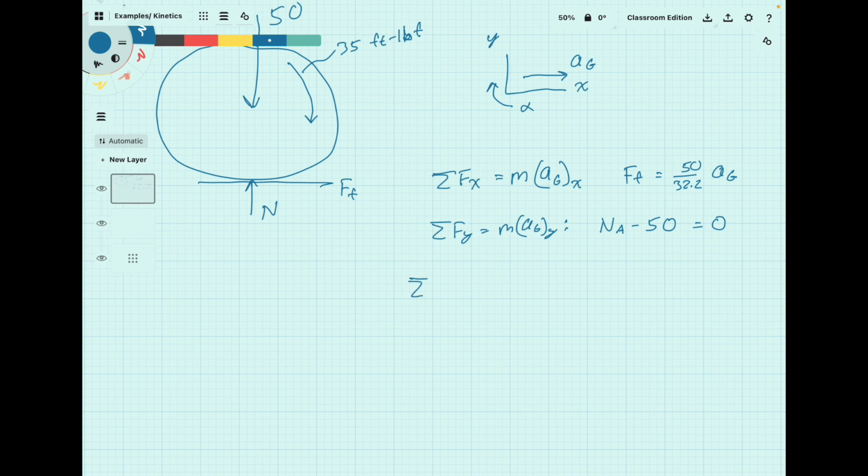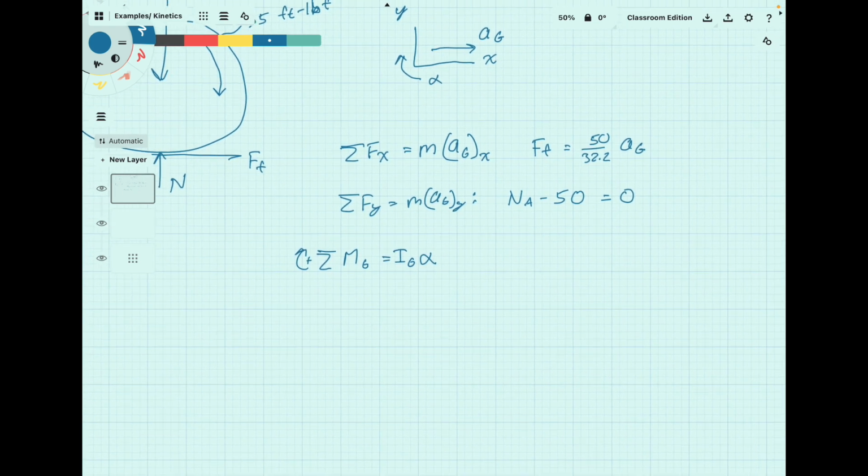And then lastly, our summation of moments about the CG, and we've got clockwise is positive. So there we've got the applied moment of 35. That one is in the clockwise direction, so it's positive. The force of friction acts at 1.25 feet, the radius of the object.